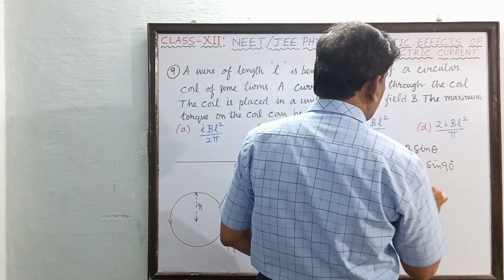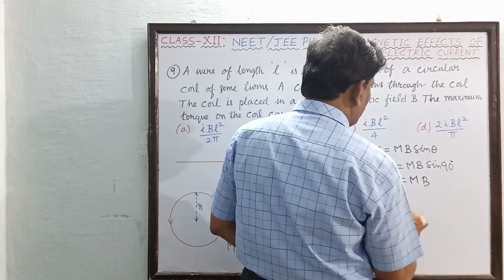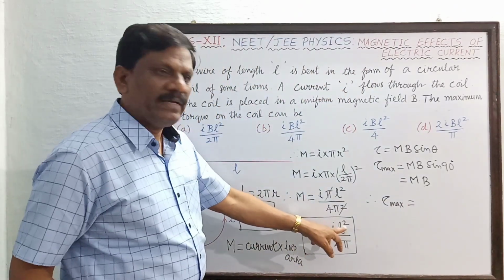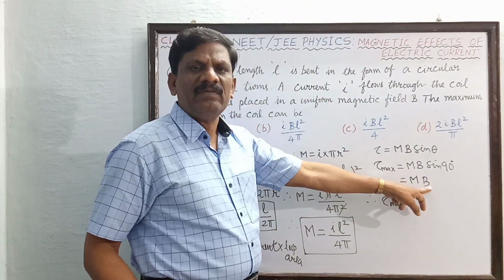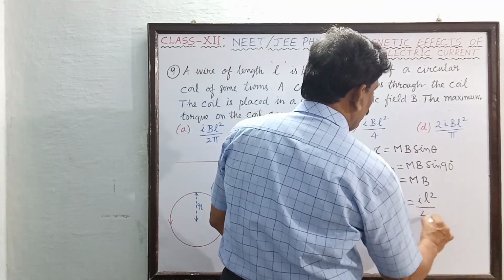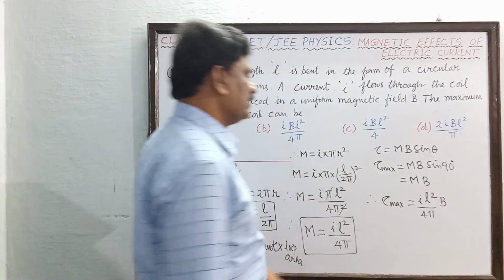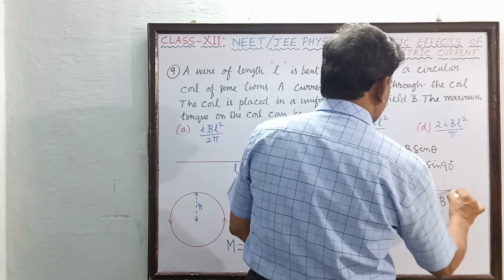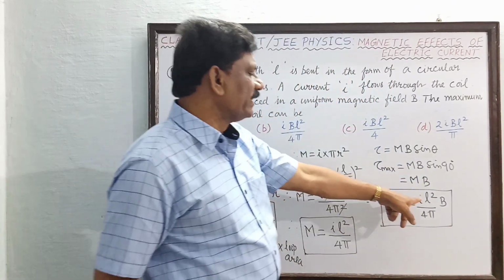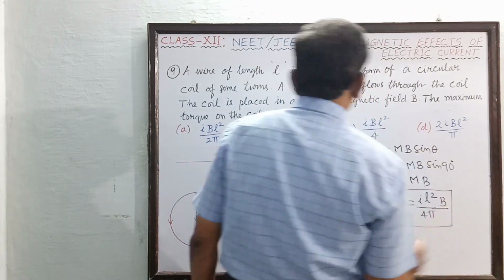So this is now equal to M into B. Therefore, tau maximum is equal to I L square by 4 pi multiplied with the B. That is the final answer. So the maximum torque acting on the coil is given by tau maximum is equal to IL square B by 4 pi. Okay. So which option is correct?